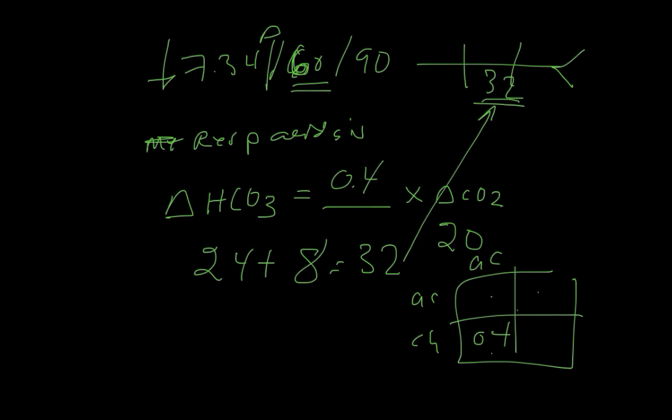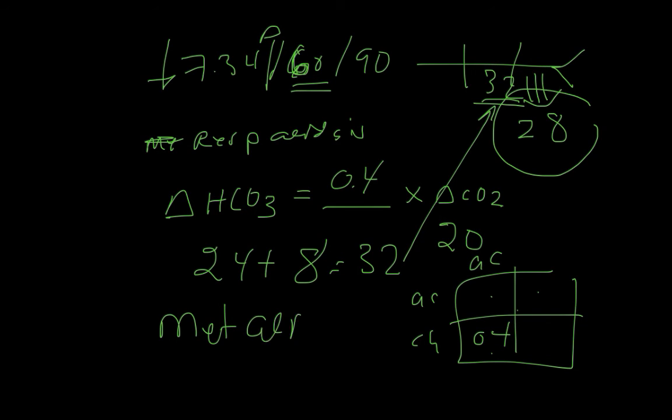Now, what if the patient didn't have a bicarb of 32 but had a bicarb of 28? That means the person has lost more bicarb than what's predicted. That means the person has a metabolic acidosis on top of the respiratory acidosis that they already have.